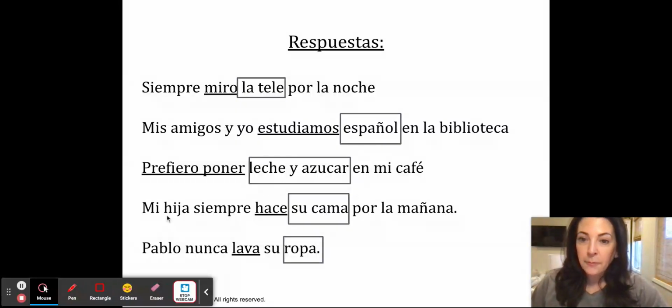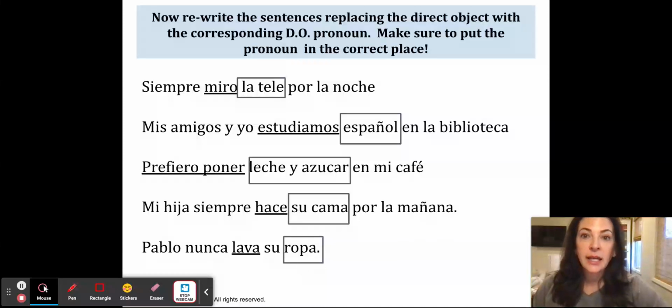Leche y azúcar. Mi hija siempre hace su cama por la mañana. Hace. What does she do or make? Su cama. It could just be cama. If you only put the box around cama, that's fine. Pablo nunca lava su ropa. Lava, who or what does he wash? Ropa.